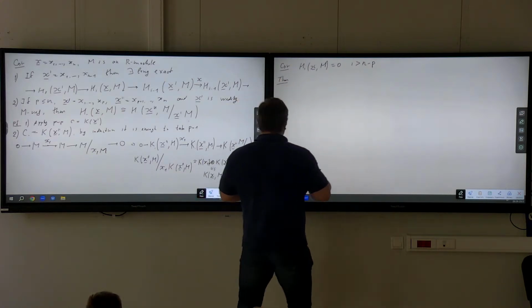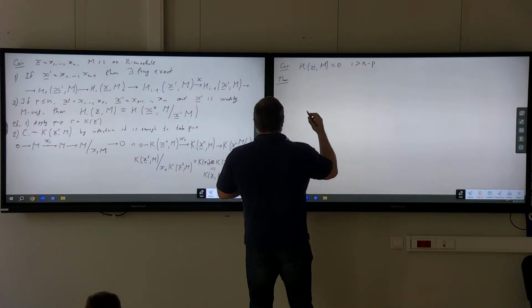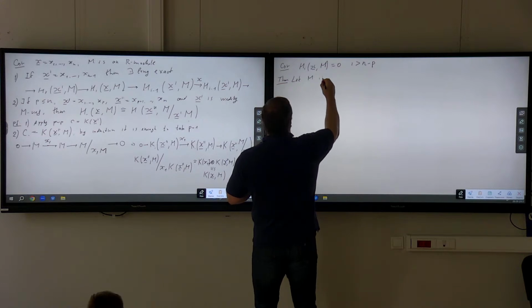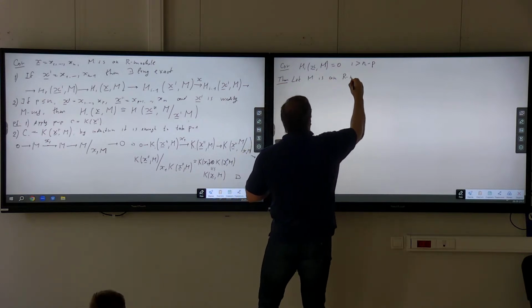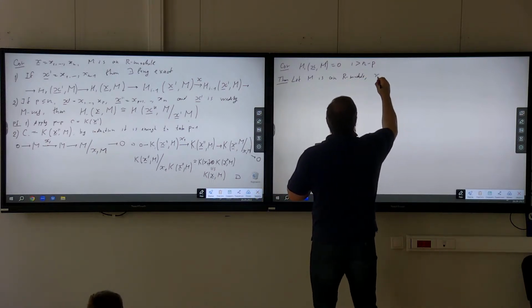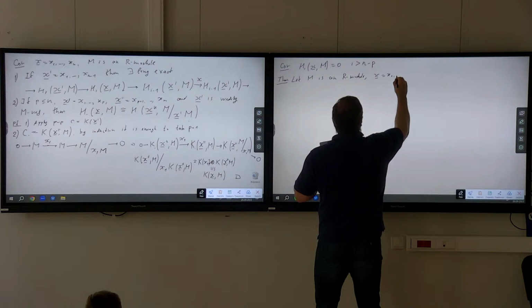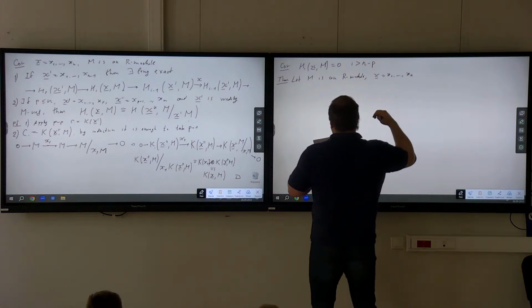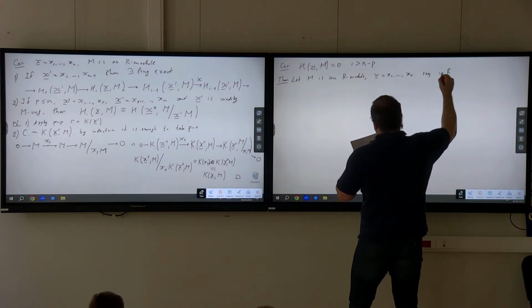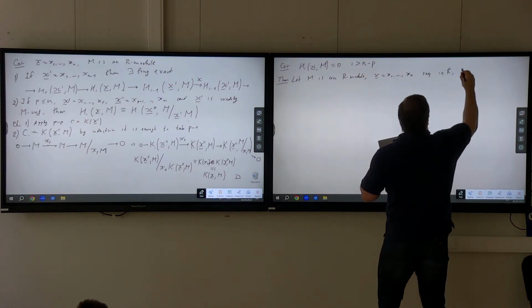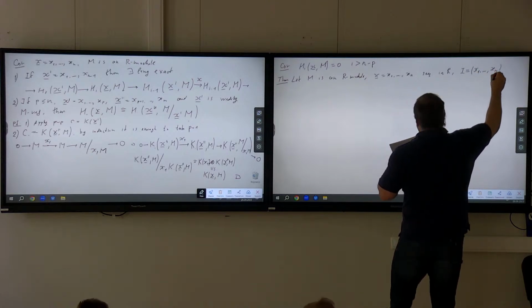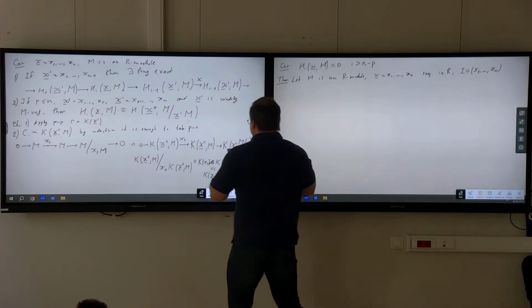So, theorem. We have, as before, M is an R-module. We have a sequence x in the ring R. And I set I to be the ideal generated by this sequence.